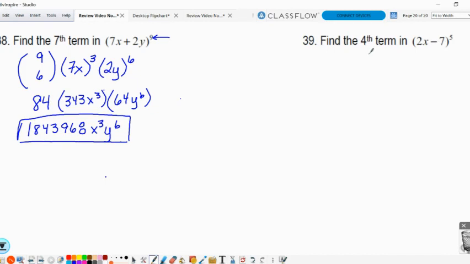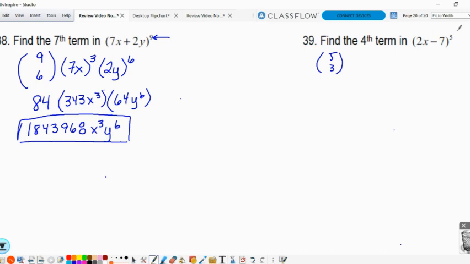As we find the fourth term of 2x minus 7 to the fifth power, we can look at the fifth row of Pascal's triangle and count over to the fourth coefficient, or we can do 5, choose 3. We know that the exponents in each term of the expansion must add to 5.